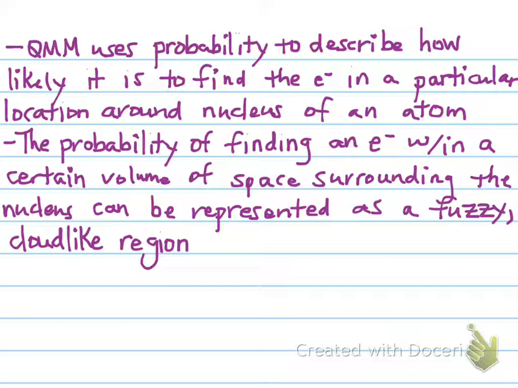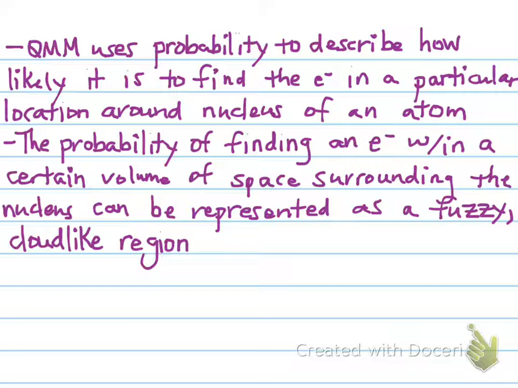Okay, so because we're talking about probability, there's areas where we're more likely to find the electron and areas where we're less. So to give you kind of an example of cloud-like, fog is clouds at ground level. If you've ever driven through fog, you know that there's areas where the fog is really dense and you can't hardly see at all.